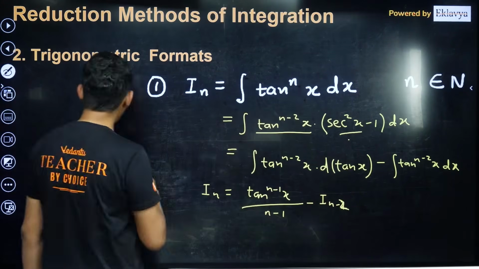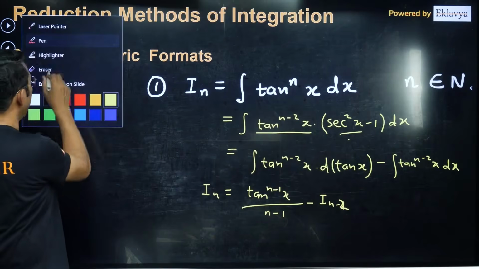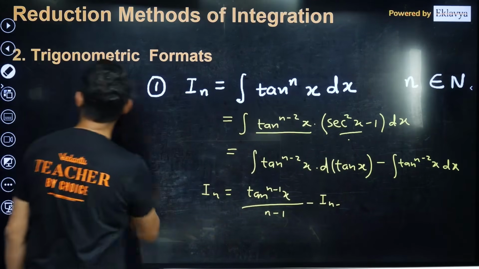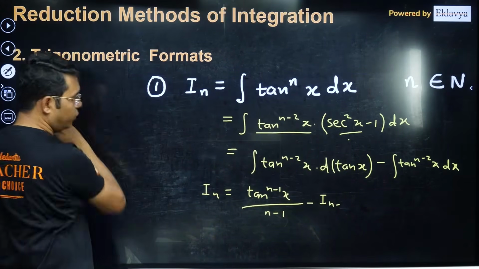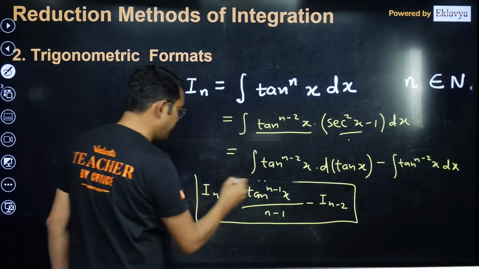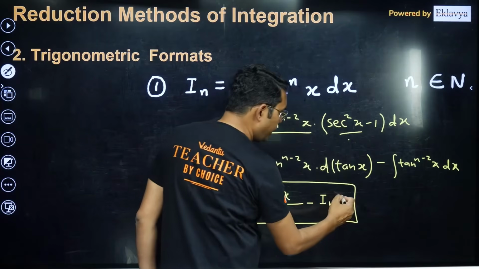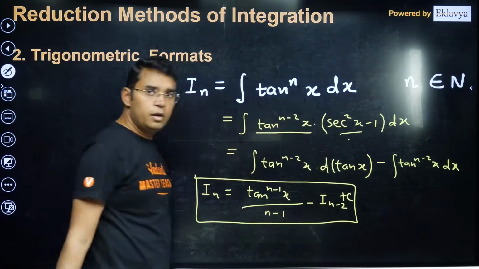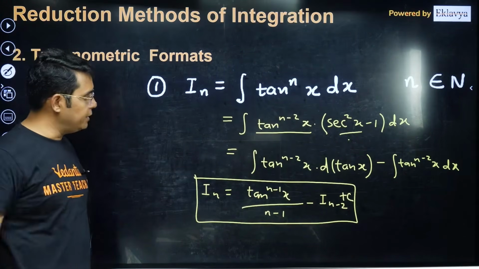So here we are reducing our problem by 2, not by 1, by 2. So I think it will become faster for us. So In is obtained that way in terms of I n minus 2. You can add some arbitrary constant also, because it is always there in indefinite integration.